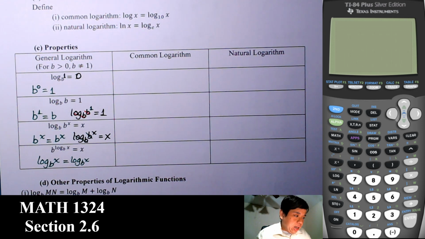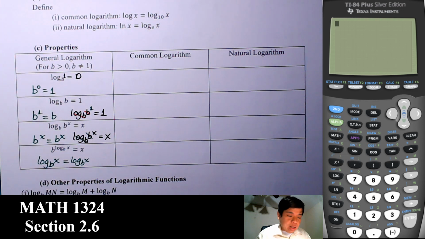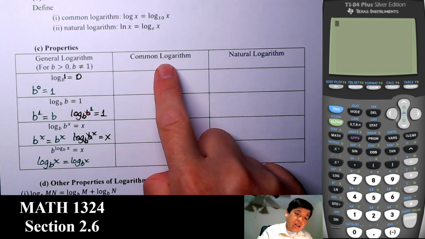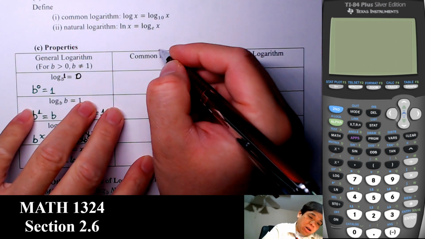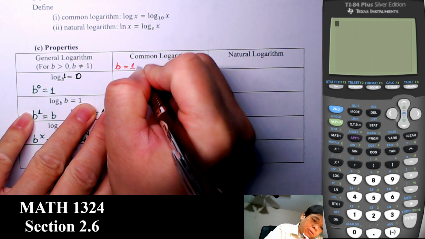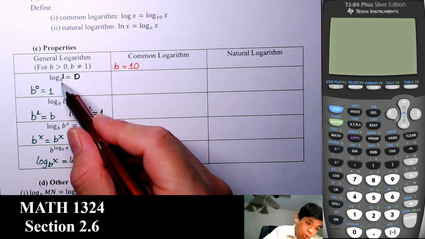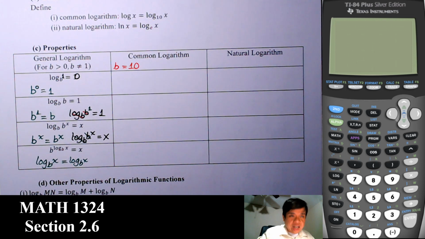Right. Now we have these properties. Now we write that in the common log and the natural log. In the common log, the base is equal to 10. So with that, it's very easy. I will just interchange all the b here by 10, and we have new properties.